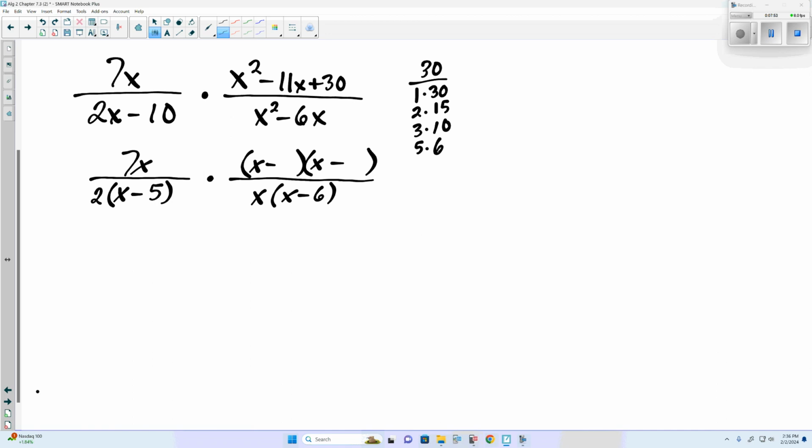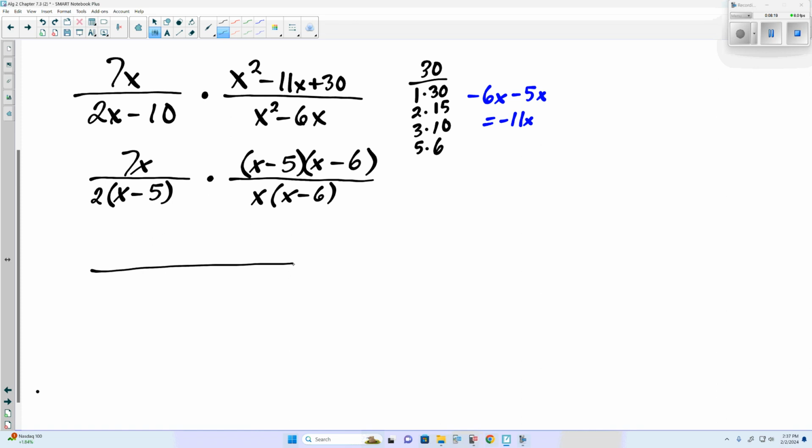Which set of factors do we want? 5 and 6, because if it works out to be 5 and 6, we do have an x minus 6 in common on top and bottom. We have an x minus 5 in common on top and bottom. So that'd work out. Now if we check this, x times negative 6 would be negative 6x. Negative 5 times x, negative 5x, which does indeed give us negative 11x.